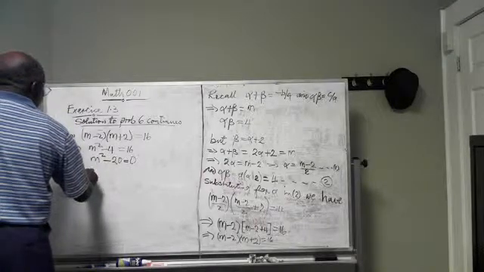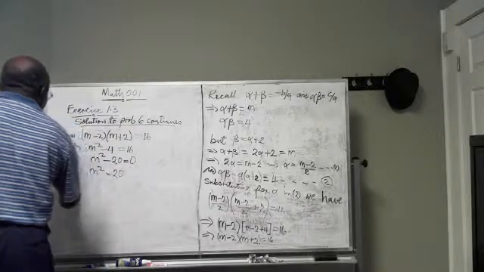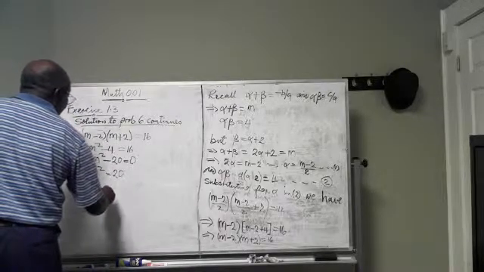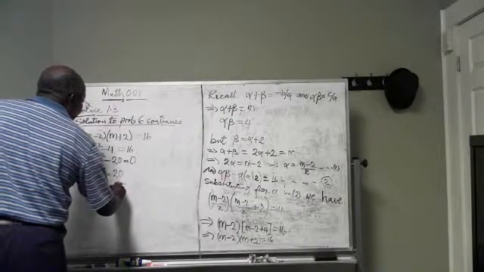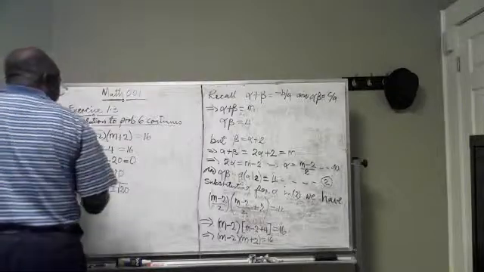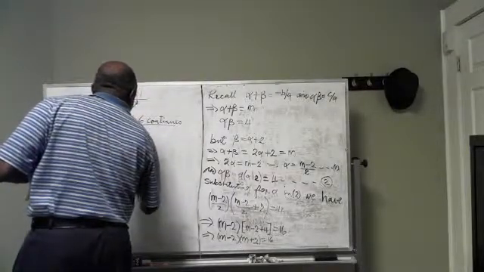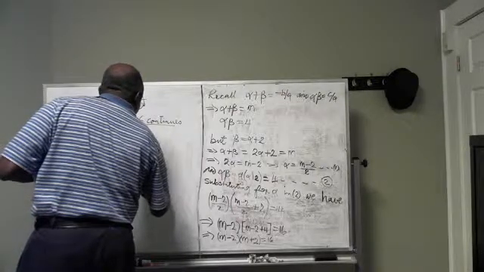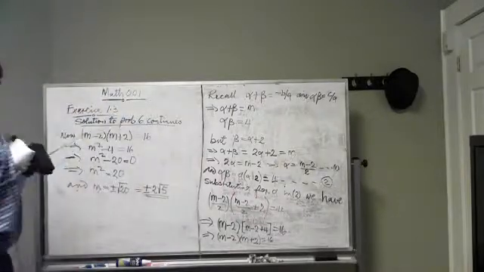This gives us m squared equals 20, and m is equal to plus or minus the square root of 20, which can further be simplified as plus or minus 2 root 5, and that's the value of m.